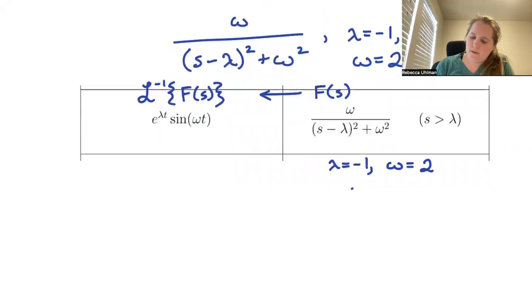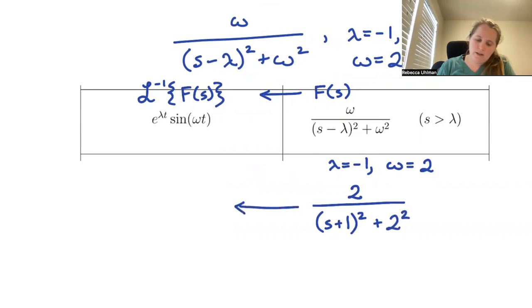So we were looking at 2 over s minus -1, or s plus 1 squared plus 2 squared, which should take us to e to the lambda t, so e to the -t times sine of omega t, so times sine of 2t.